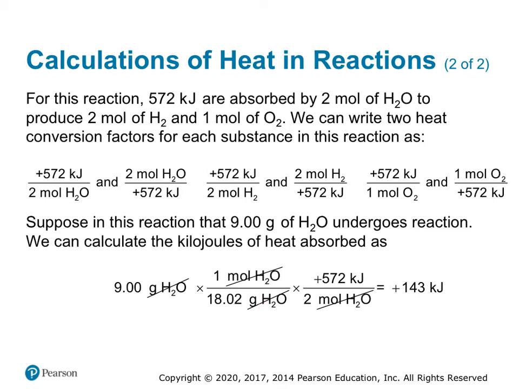Then, because I have moles of H2O on top, I'm going to use this first conversion factor with kilojoules on top and moles of H2O on bottom, 572 kilojoules over 2 moles of water. So 9 divided by 18.02 times 572 divided by 2 is a positive 143 kilojoules. You do need to include the positive sign when we're talking about heats of reaction.